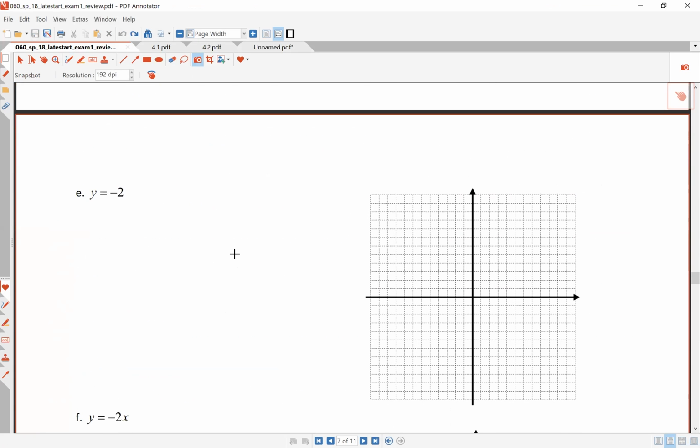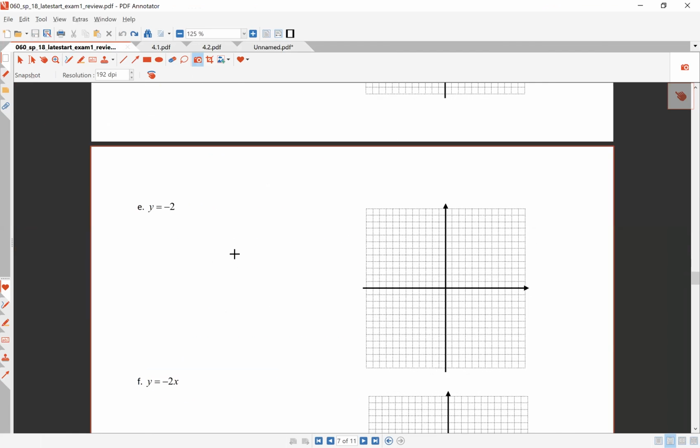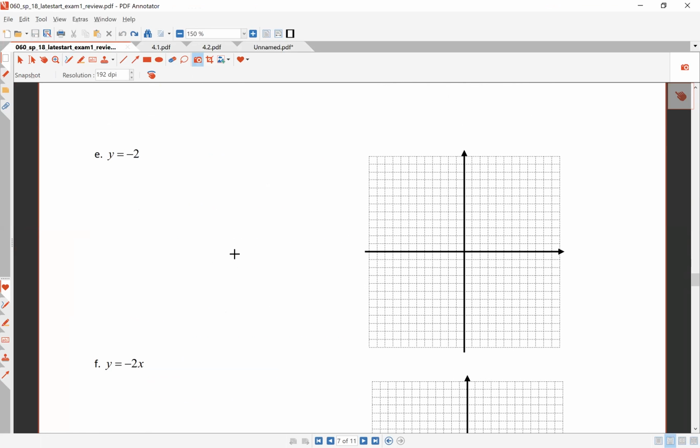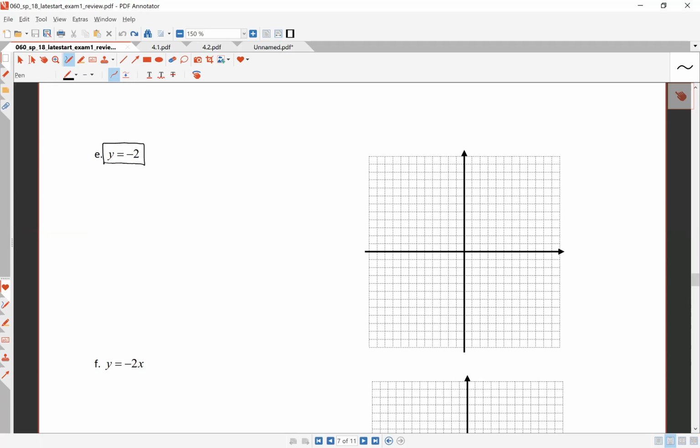So look at this. Whenever you graph, and if you watch the videos, I talk about this mnemonic device to memorize these things. When you graph an equation that says y equals negative 2, that means that no matter what the x value is, y needs to be negative 2.